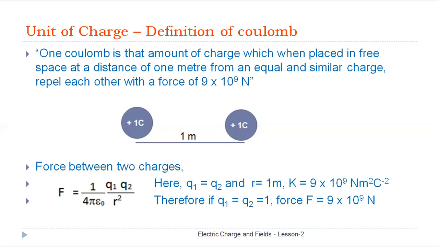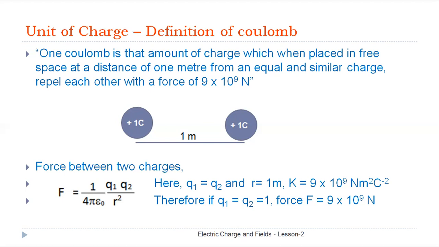Now, when Q1, Q2 and r are 1 coulomb into 1 coulomb divided by 1 meter square, force is numerically equal to 1 by 4 pi epsilon 0.